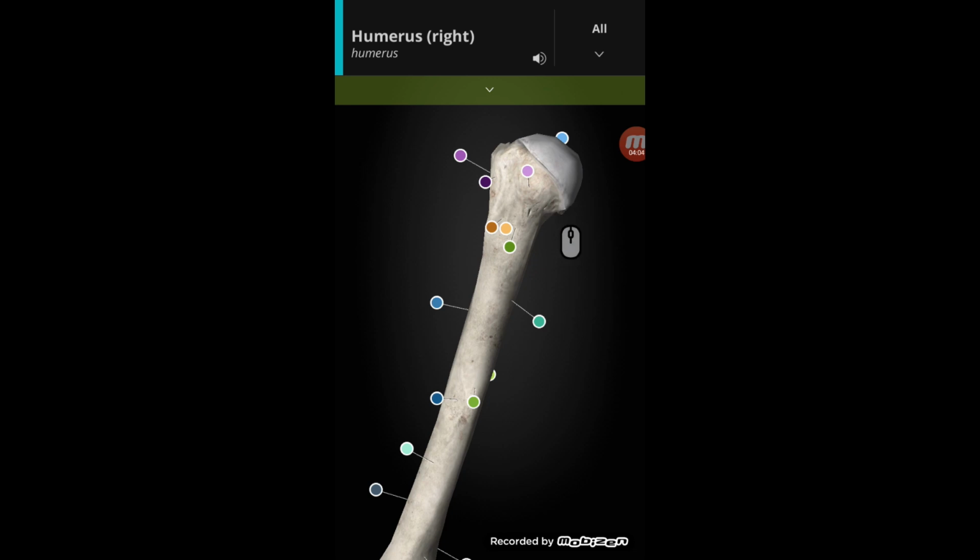If you are in the growing age and your epiphysis is not fully fused with the head, there will be a gap in the bone. There will be an epiphyseal plate, and that epiphyseal plate is called the morphological neck. Below the head, where there is articulation, this point at the tip is called the anatomical neck, and the most common place for fracture is called the surgical neck of the humerus.